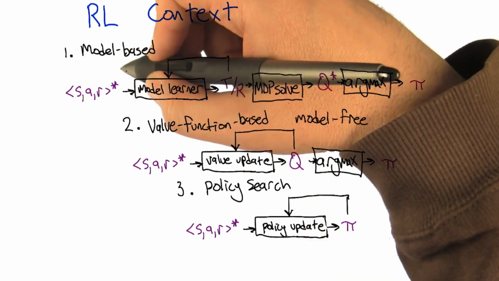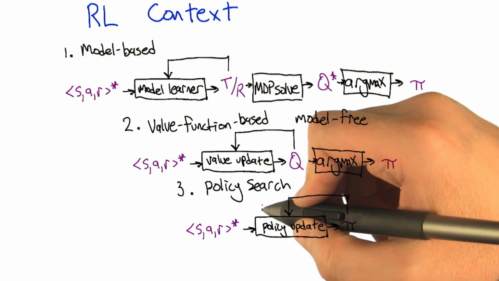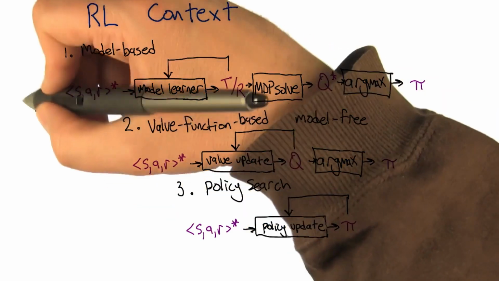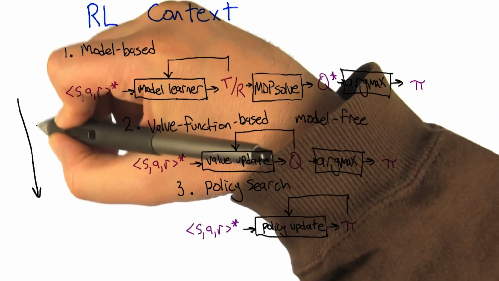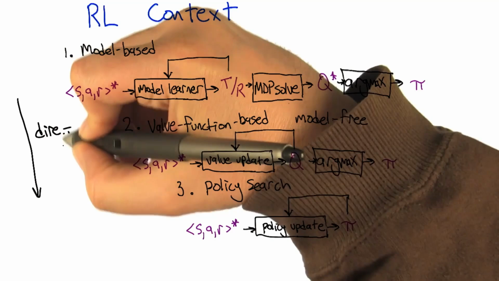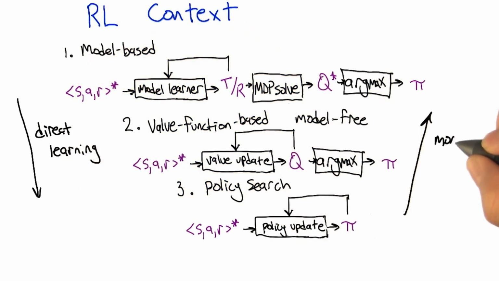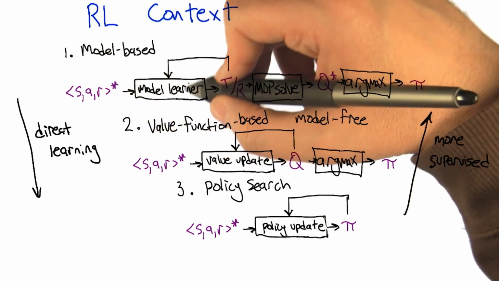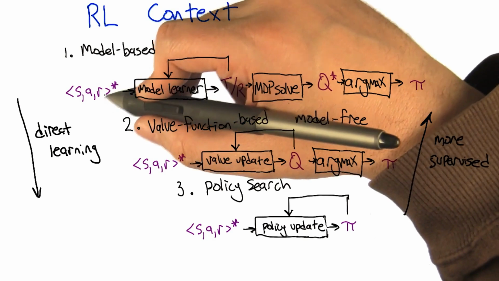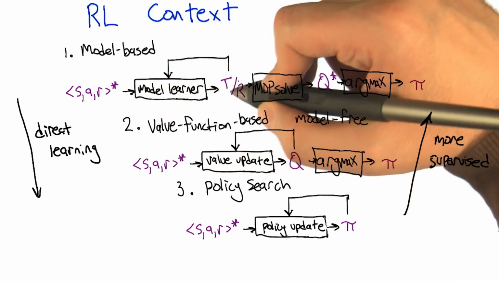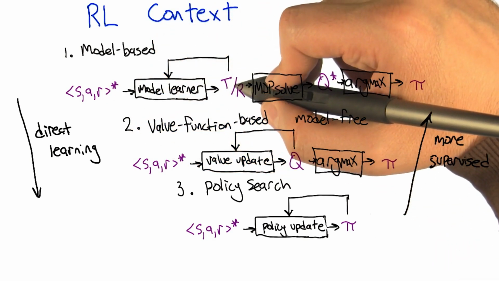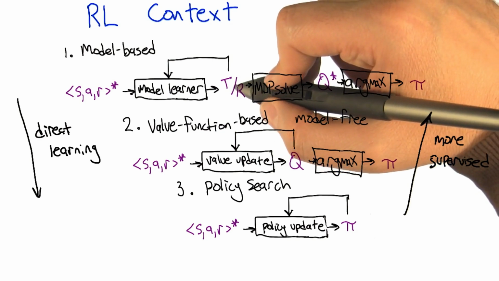So here are these three models all together so you can compare and contrast. And you can see in some sense, they're getting kind of simpler as we go down to policy search, but you could also sort of say that the learning is more direct. And as we go up this way, the learning problems become more supervised in the sense that you can imagine learning to predict next states and next rewards from previous states and previous rewards to learn T and R pretty directly.